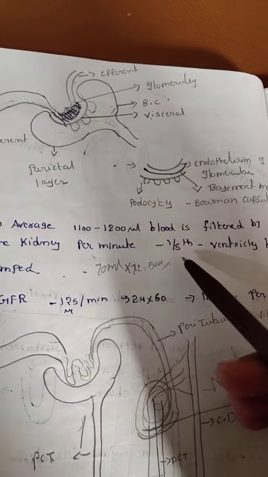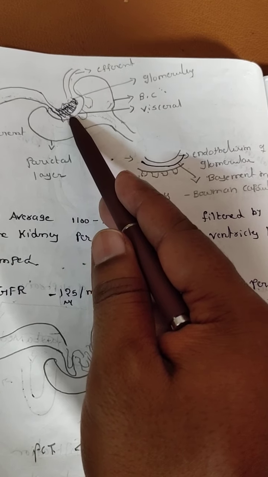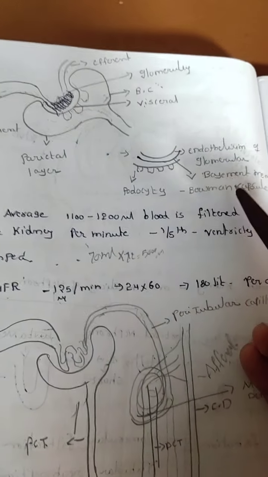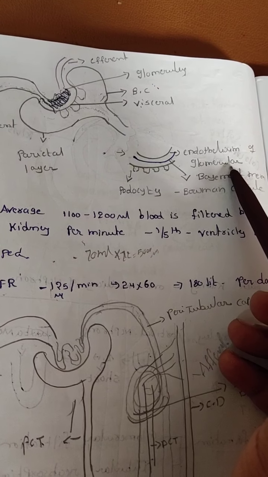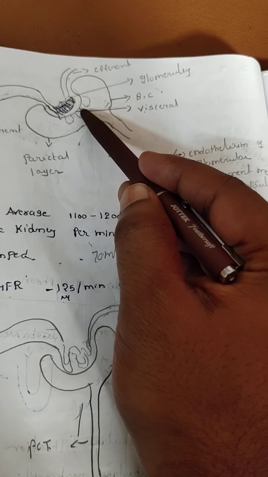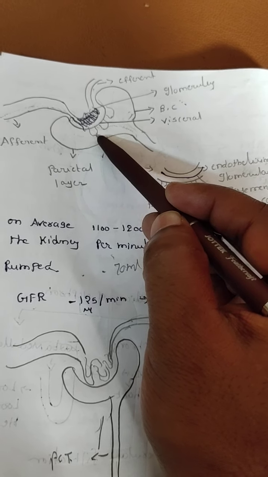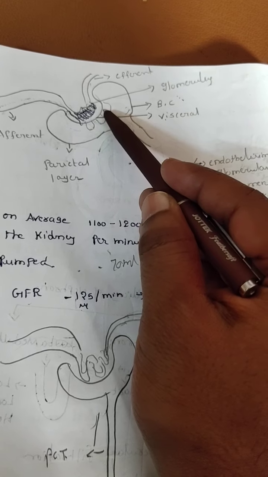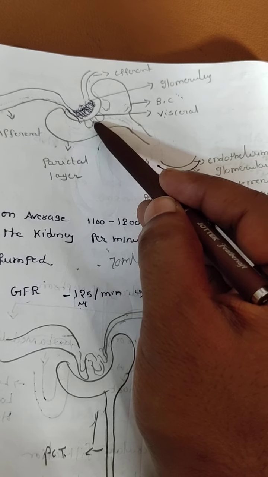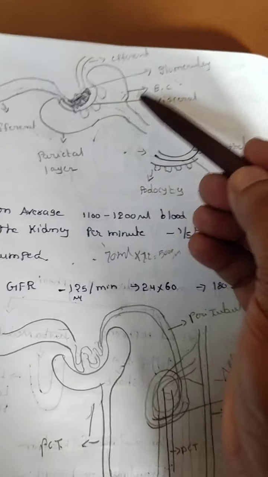One is the endothelium of the glomerulus. The glomerulus is made of blood capillaries, and the inner layer of those capillaries is the endothelium. Next is the inner layer of the Bowman's capsule, the visceral layer. This visceral layer has podocytes, arranged in an interdigitating manner, so there are pores but no gaps.